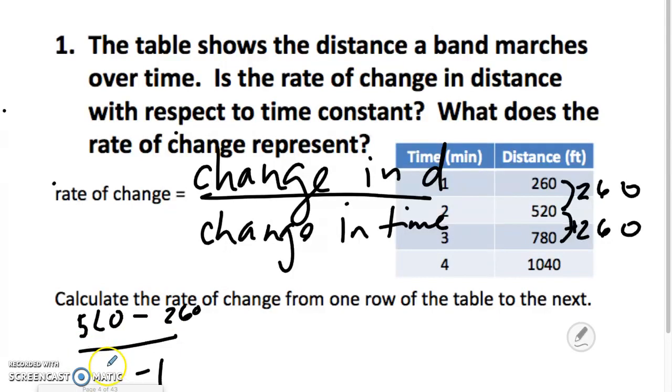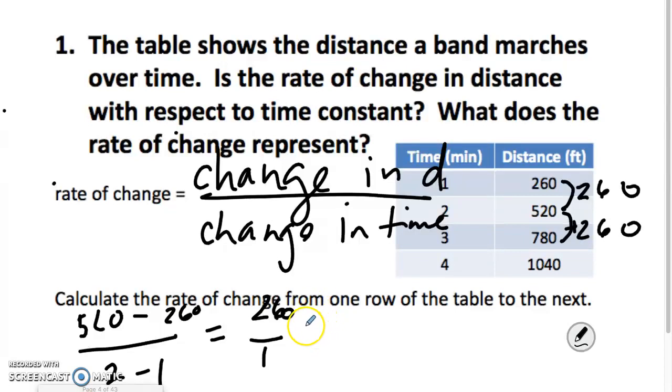Does everybody see that? So it's the change in my distance over the change in my time. What's 520 minus 260? 260. What's 2 minus 1? 1. So here, my rate of change is 260.